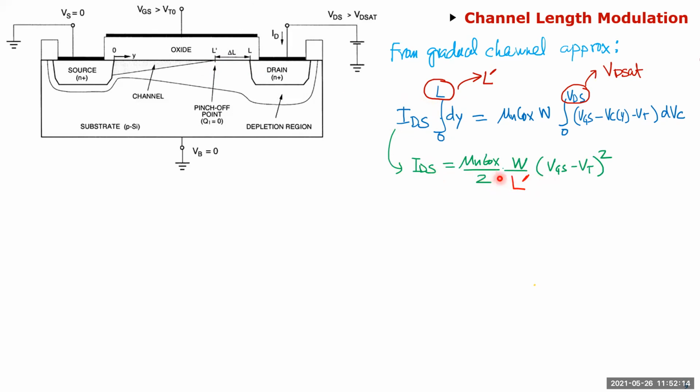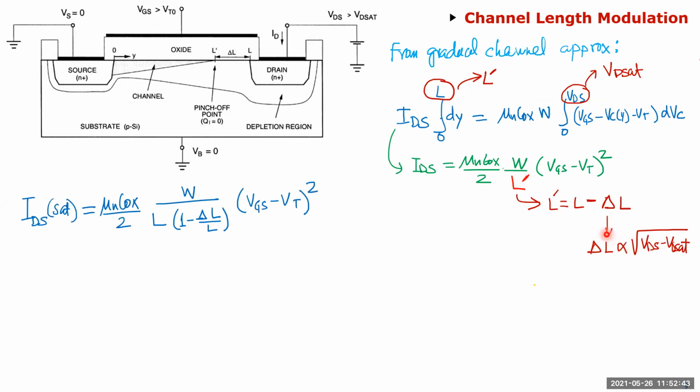this equation here, mu and Cox, but now instead of W over L, it's W over L dash, which is smaller than the drawn length. If it is smaller than the drawn length, then the current is larger than what it was at the point of pinch off. If I write L dash equal to L minus delta L, and this delta L is proportional to VDS minus VD sat, we know that empirically. From physics also you can find out, but as I said, it is a little more complicated.